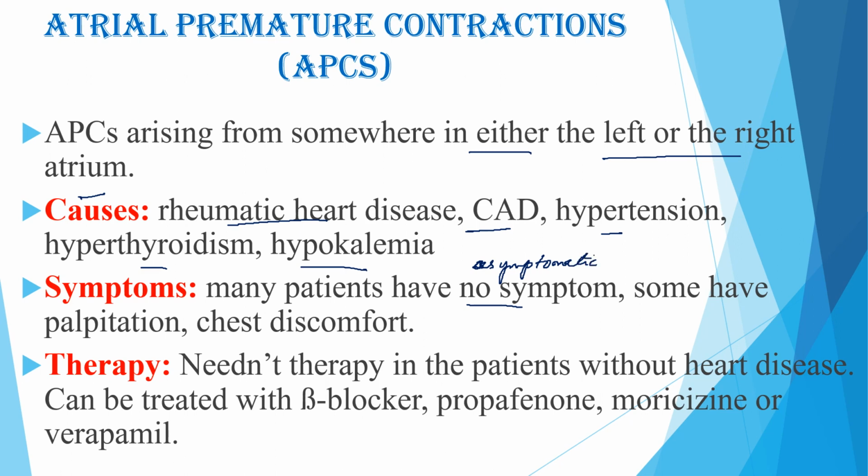Certain patients express palpitation and chest discomfort. There is no need of any therapy if the patient is asymptomatic. Otherwise it can be treated with beta blocker, propafenone, moracizine, or verapamil.